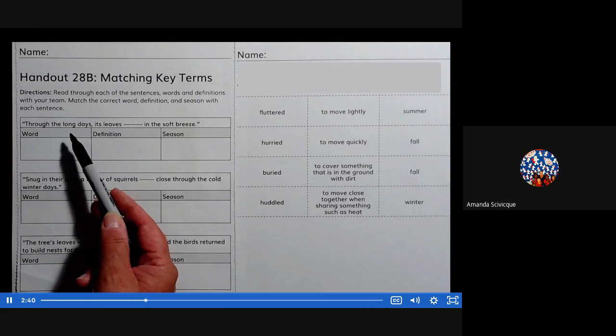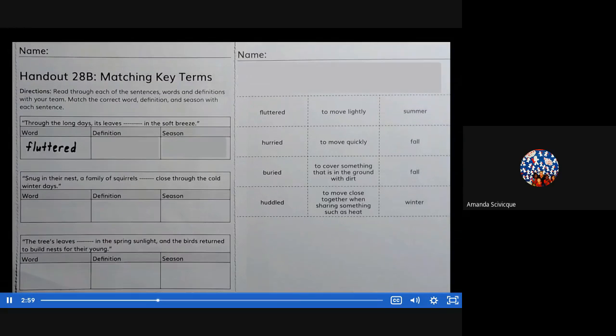When I go over to fluttered and I look at the definition, it means to move lightly. And I know from Sky Tree that the leaves move lightly in the summer, that they fluttered in the summer breeze. I'm going to write the word in, the definition, and the season.